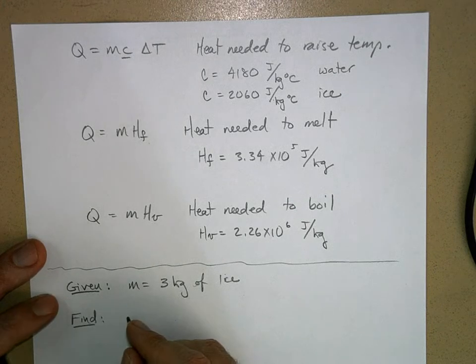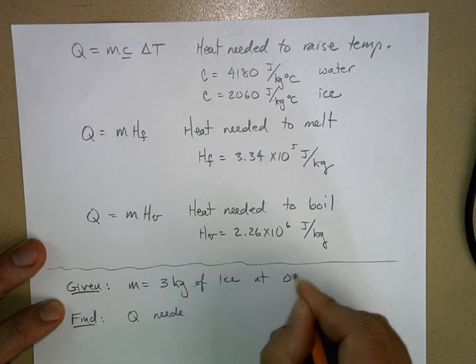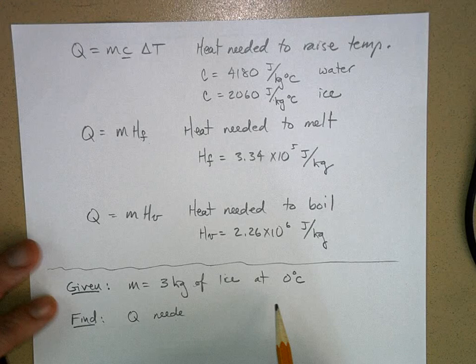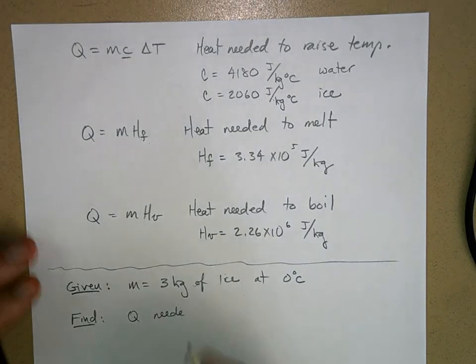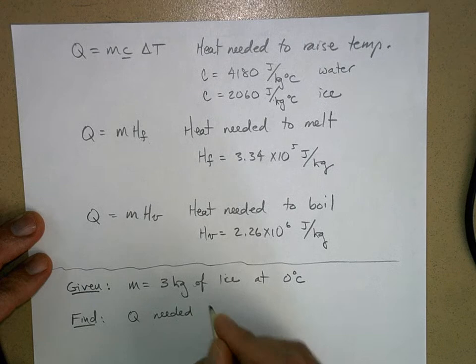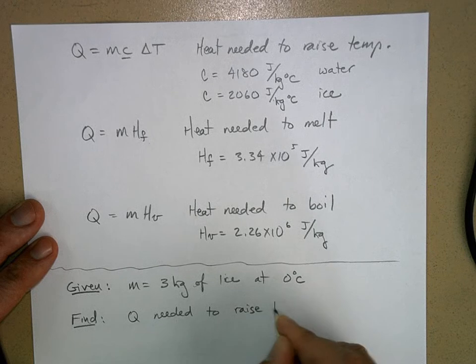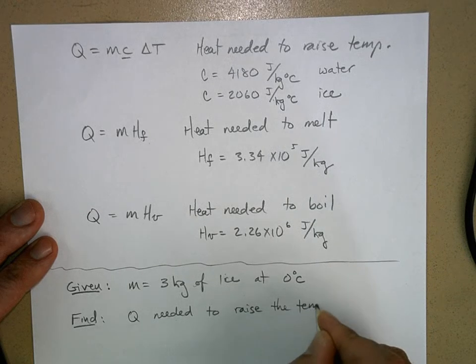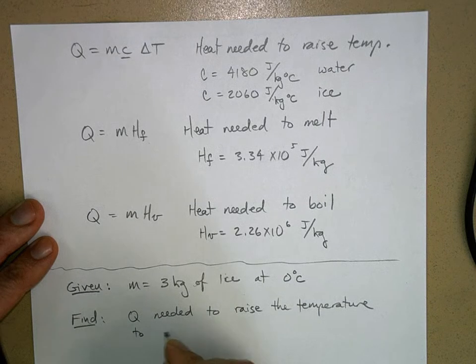Find the heat at 0 degrees Celsius. So the ice is at the melting point. The ice is ready to start melting. Q needed to raise the temperature to 25 degrees Celsius.